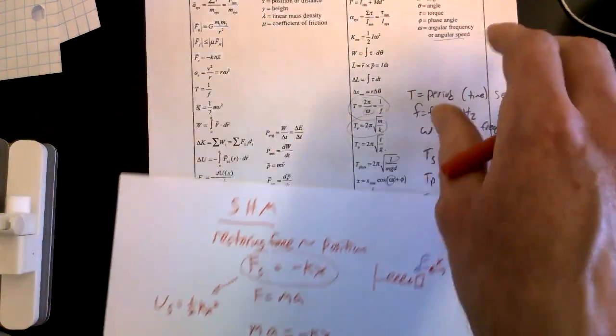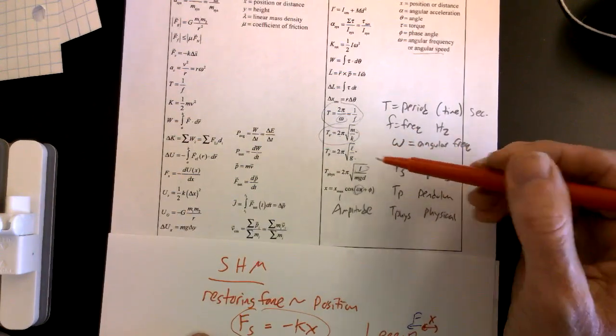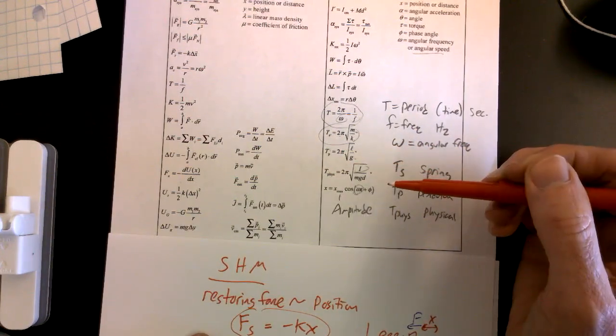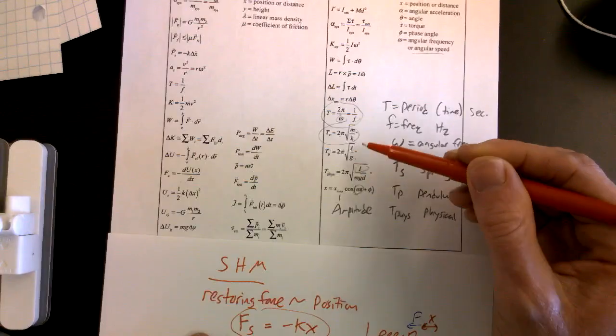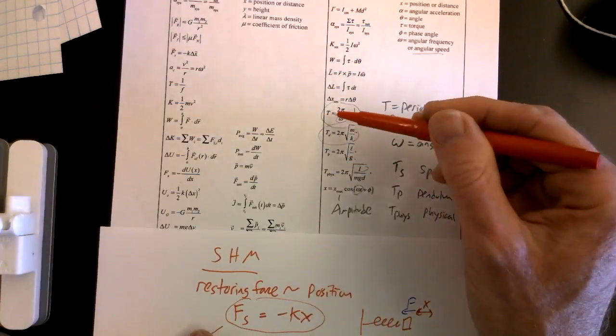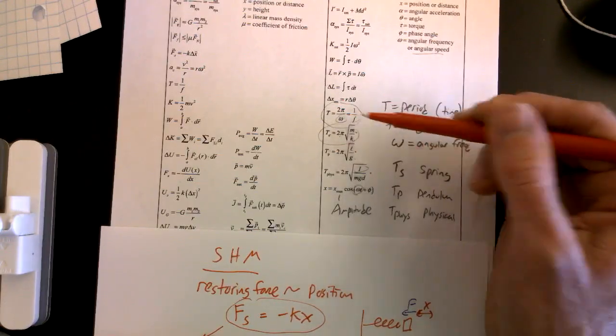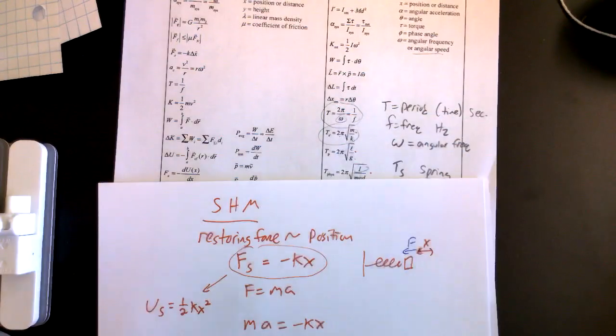Good? And then back over here, we have formulas, one for a spring, one for a pendulum, and one for what they call a physical pendulum, which is going to be pretty rare. Probably these are going to be a little bit more useful. And then this formula over here just relates together our period, our angular frequency, and our regular frequency. So now it's up to you to go find some sample problems to do.